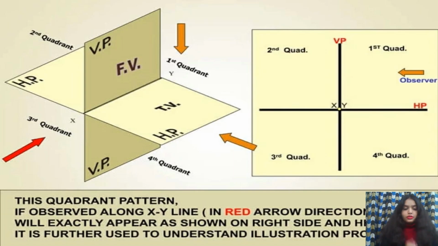So this is for the first quadrant. In the second quadrant you will say the point is above HP and behind VP. Clear? For the third quadrant you will say the point is below HP and behind VP. For the fourth quadrant you are going to say the point is below HP and in front of VP. Clear?